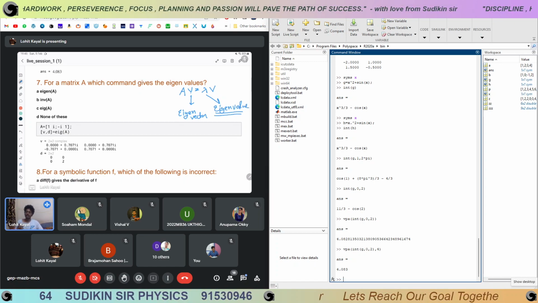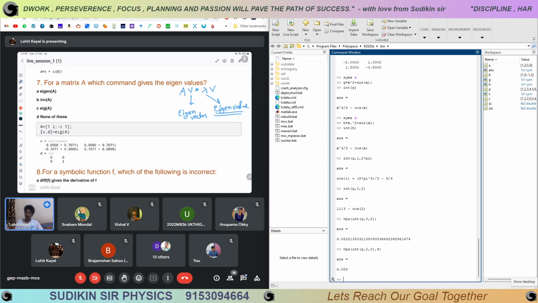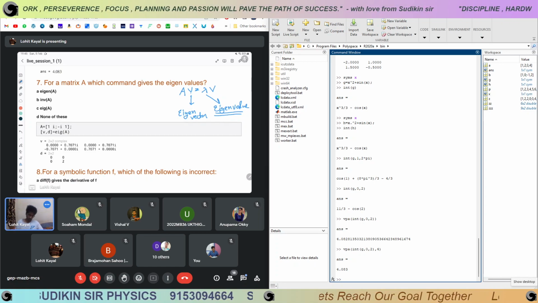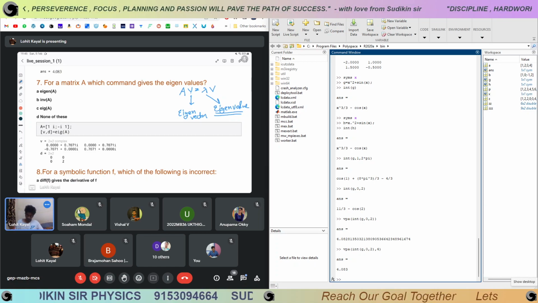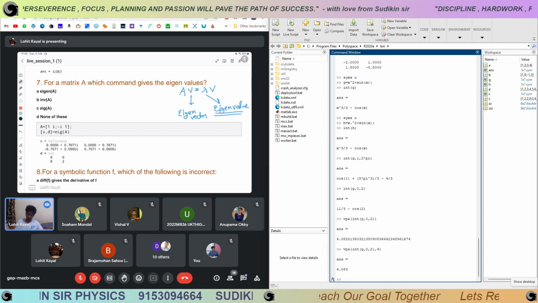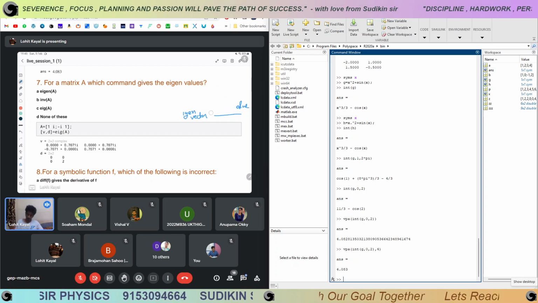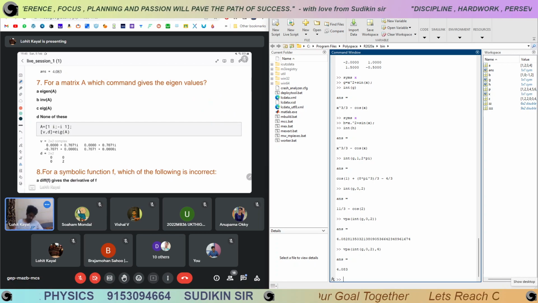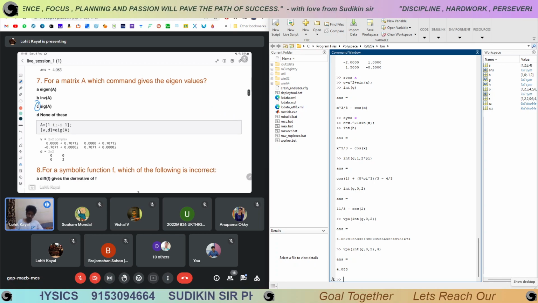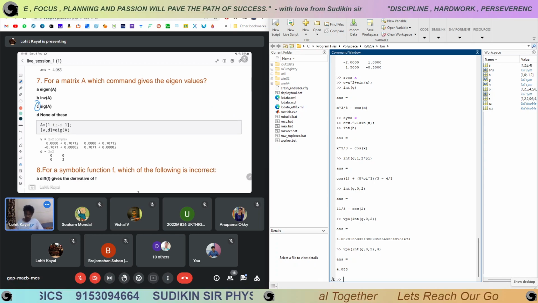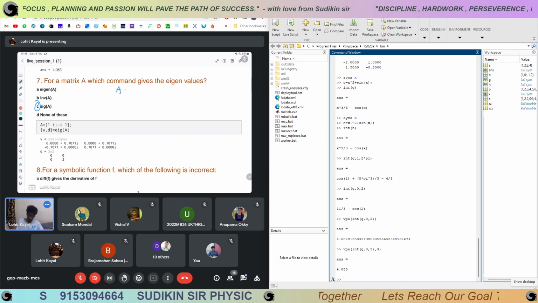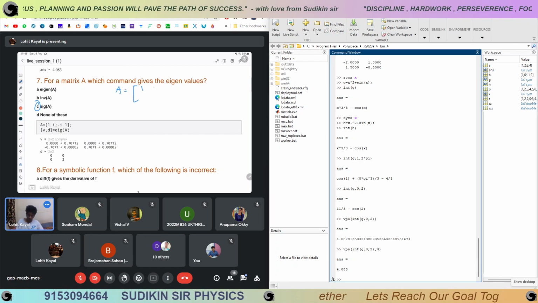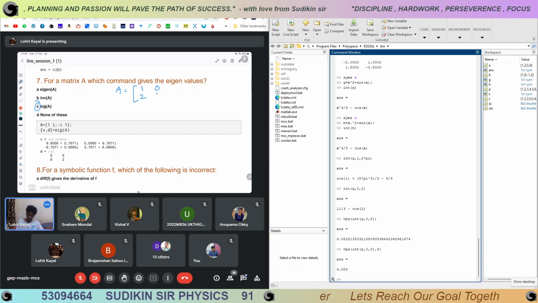Now MATLAB has an inbuilt command to find the eigenvector and eigenvalue. First let's deal with the question. I will give you the correct answer, then I will discuss it. The correct command is eig of A. Suppose you have a matrix like this: 1, 0, 2, 3.